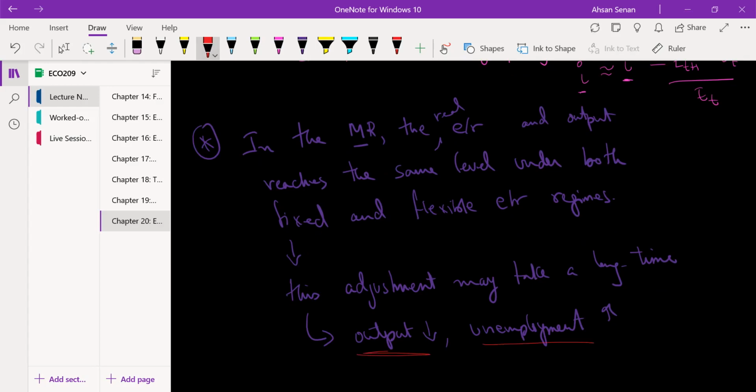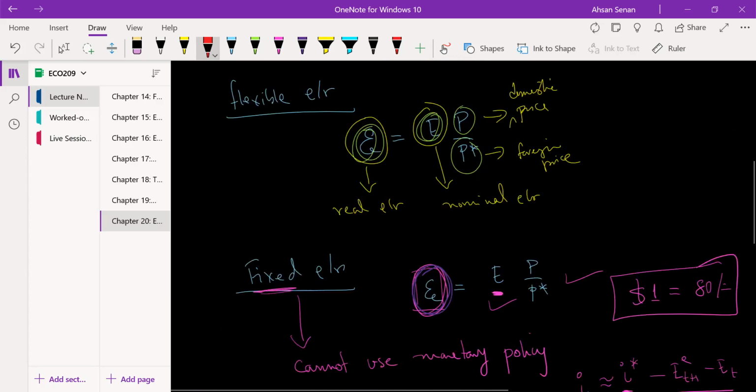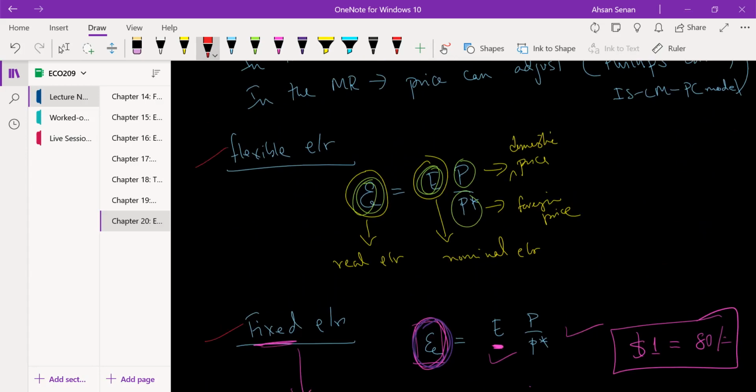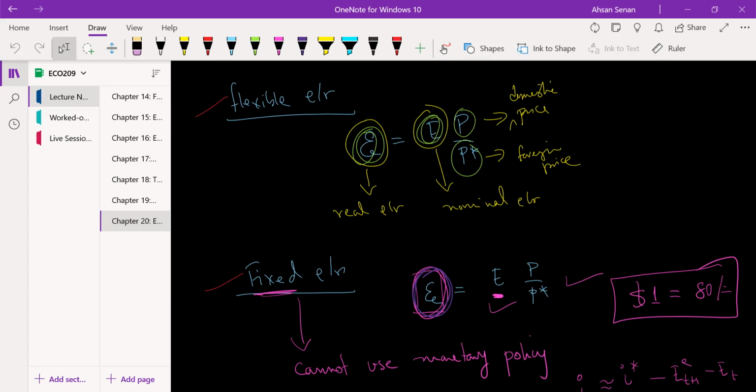So this is the important takeaway: under both flexible and fixed exchange rate regimes, ultimately we will arrive at a point where the same country, if it were using either a flexible or fixed exchange rate, will arrive at the same level of output, same level of unemployment, same level of inflation. Everything will be the same. The difference is that under the flexible exchange rate regime, where the nominal exchange rate adjusts quickly, this will happen in the short run.